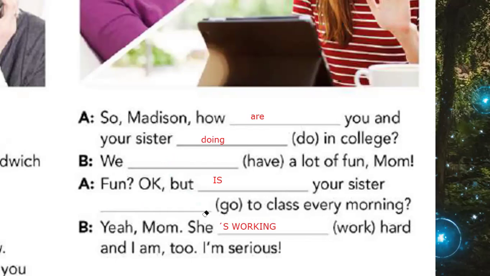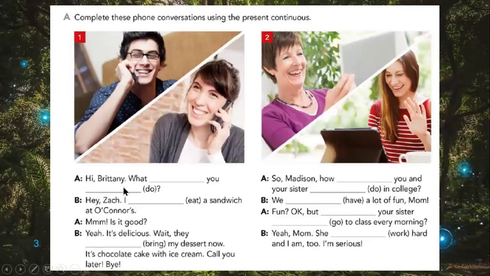Let me put the first one. Hi, Zach. I am eating a sandwich at O'Connor. You see? So the girl was literally with the sandwich in her hands, eating it at that moment, and they are bringing, literally there they go, at the moment.